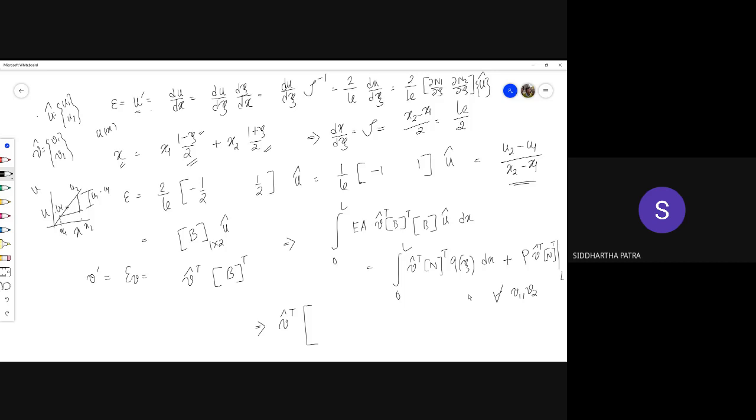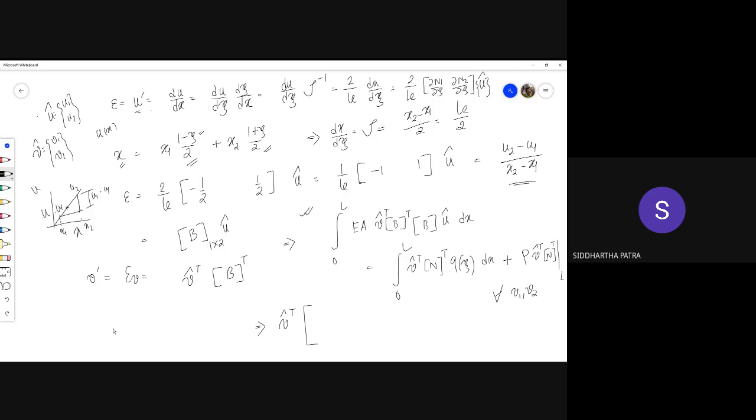Okay. Now, please understand what just happened with this statement right here. We had a problem given in definite integral, and we had a function to solve, and the variation to that function was another arbitrary function, which would satisfy the essential boundary condition.